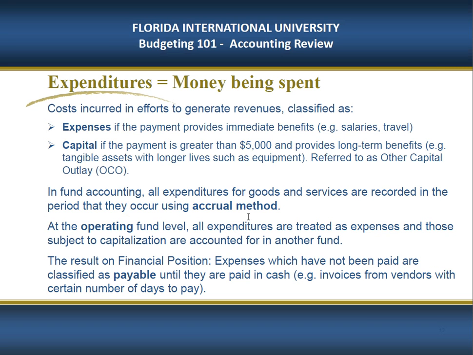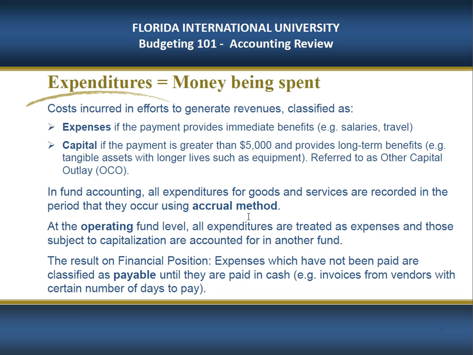Okay, let's talk about, again, what is the effect of expenses on our financial position. Expenses that have not been paid are classified as payables until they've been paid in cash by FIU. This is the other side of the receivable. In the receivable side, we have a claim against a customer or a student. On the payable side, we're on the other side.